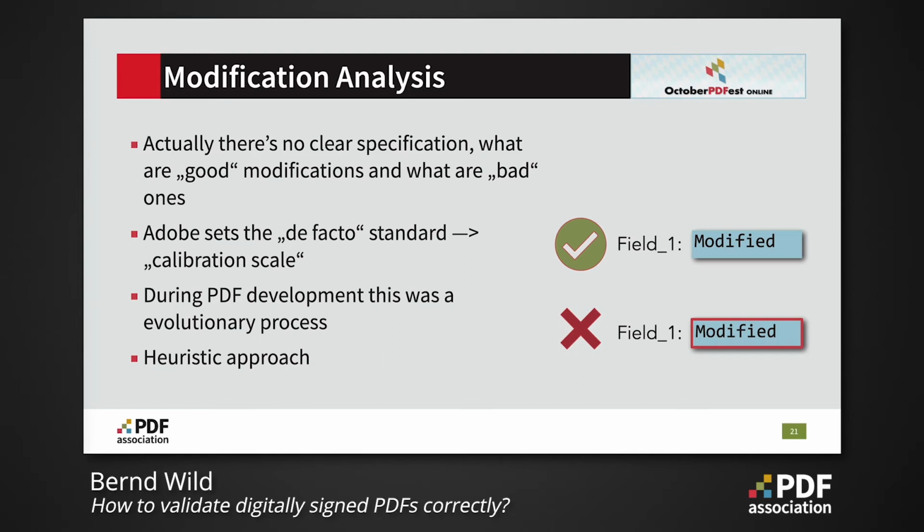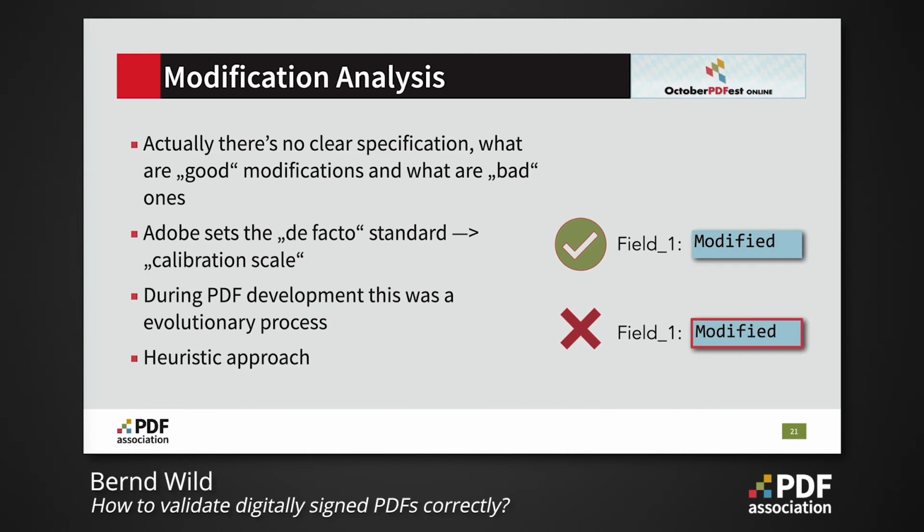What exactly happens when a signed and subsequently modified PDF is validated can be summarized under the term modification analysis. Unfortunately, exactly this process is not clearly and unambiguously specified. This means that there is hardly any specification material for someone who wants to implement such a behavior. The benchmark here are the implementations of Adobe Reader and Acrobat.